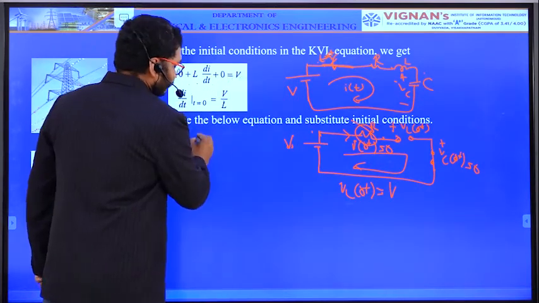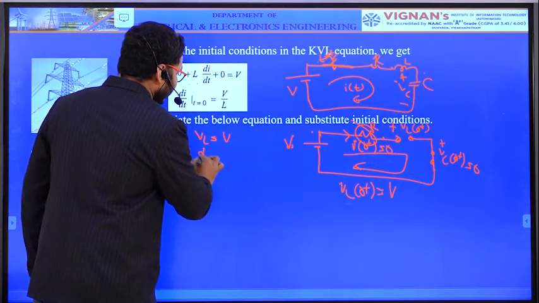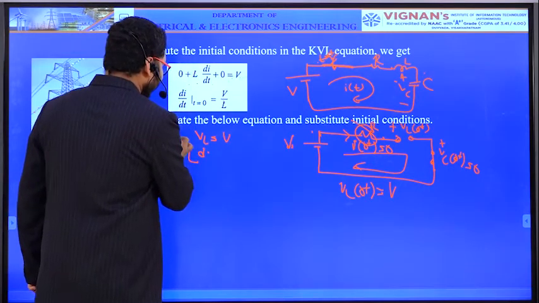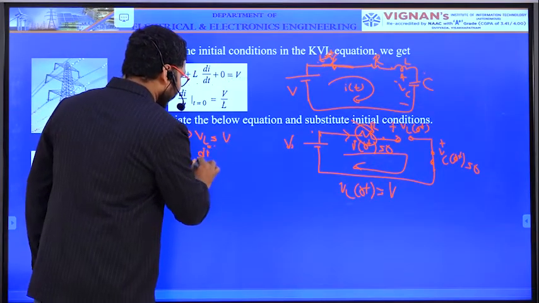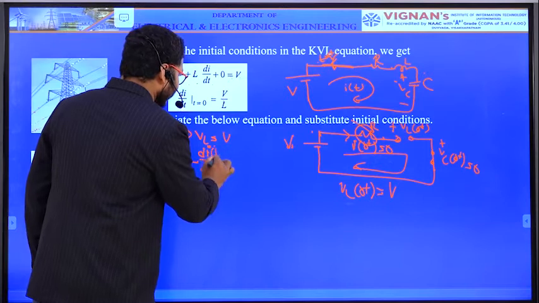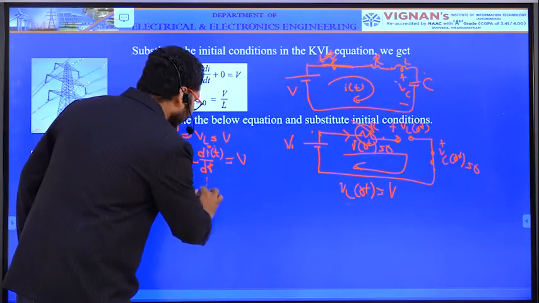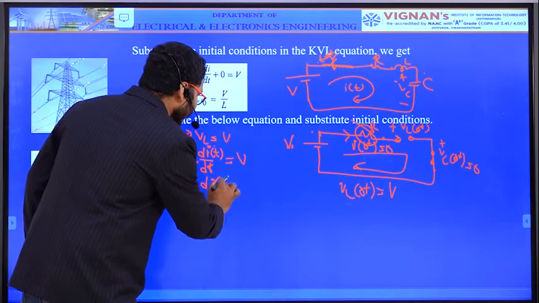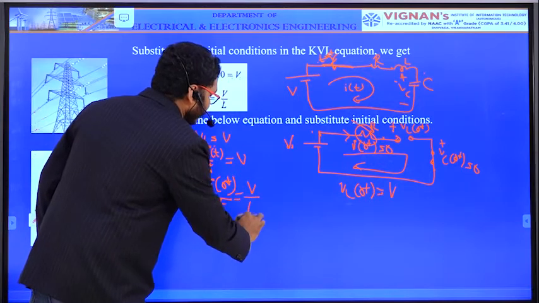So VL equals to V, VL means what? L di of t by dt. At t equals to 0 plus, L di by dt equals to V, it means di of 0 plus by dt equals to V by L.